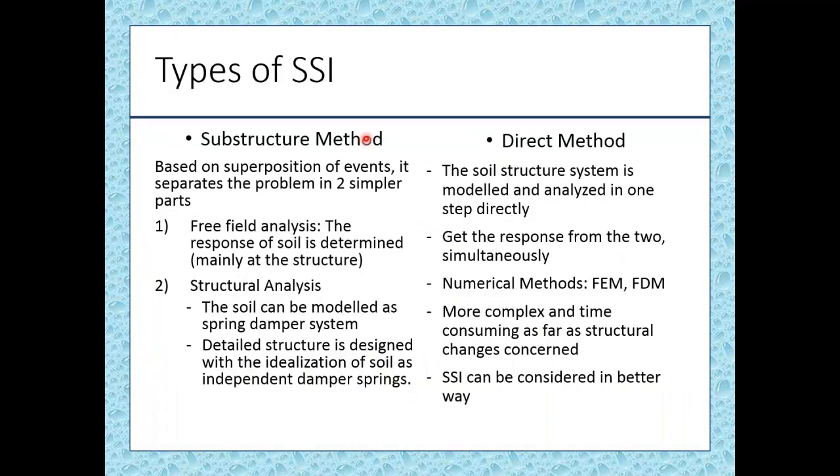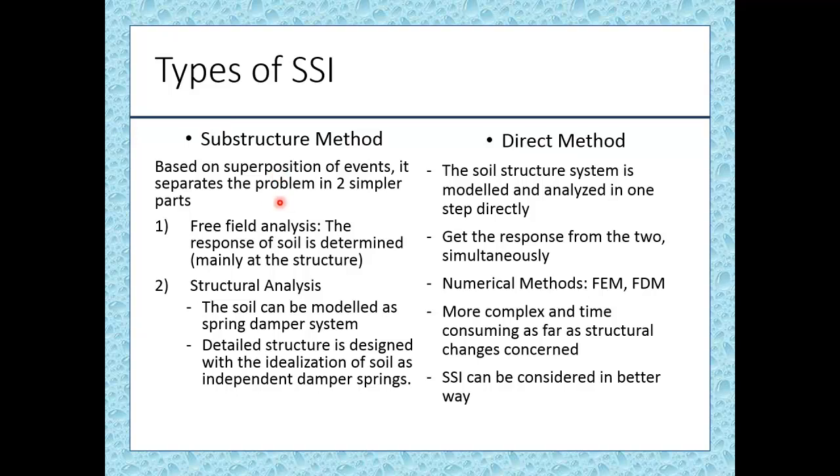Let us look into the types of soil structure interaction. It is largely divided into two. One is substructure method, that is indirect method, and the second one is the direct method. Let us understand substructure method in short. So the substructure method is basically based on the principle of superposition.